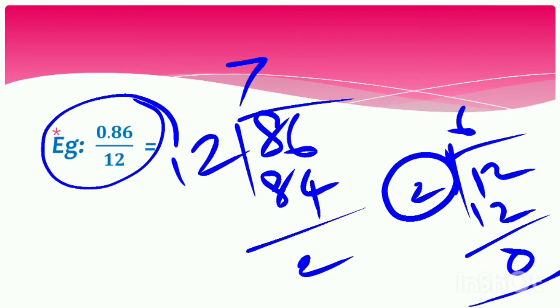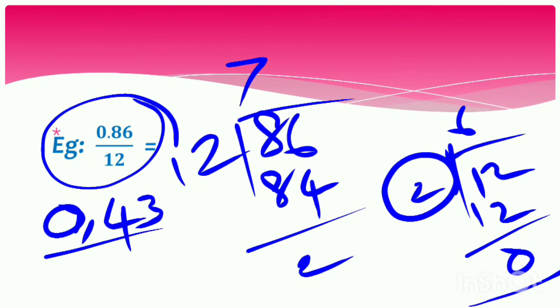So we divide both numerator and denominator by 2 so that we get the simplified form, 0.43 divided by 6. Okay, this is the simplified form.